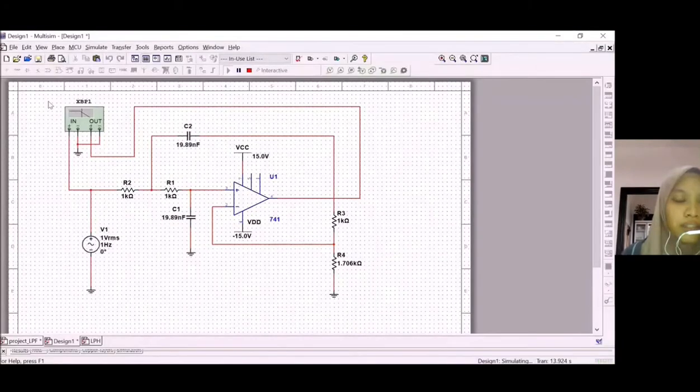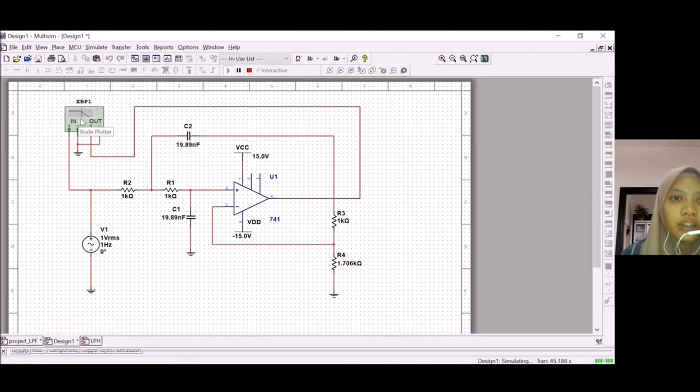As you can see, R1 and R2 are 1 kilo ohm, R3 is 1 kilo ohm, R4 is 1.0706 kilo ohm, C1 and C2 are 19.89 nanofarad, VCC is 15 volt, VDD is negative 15 volt, and I use AC voltage 1 VRMS and 1 Hz.